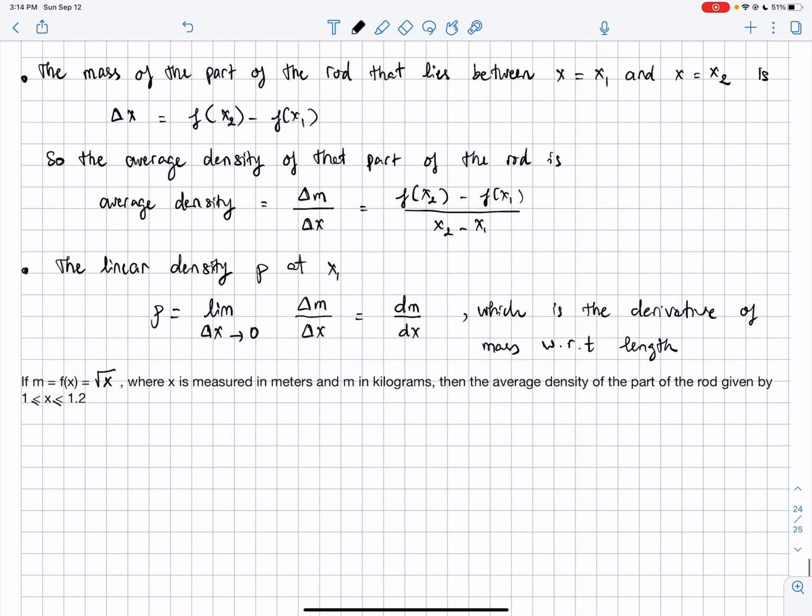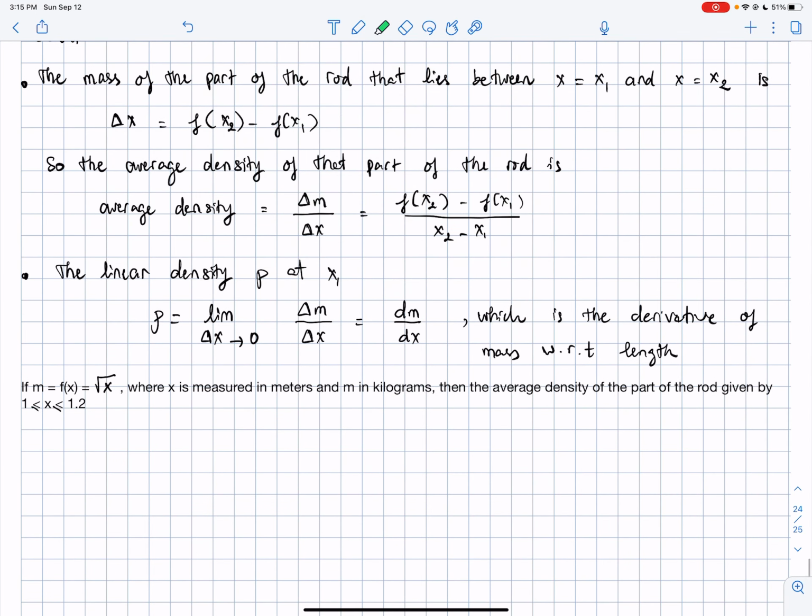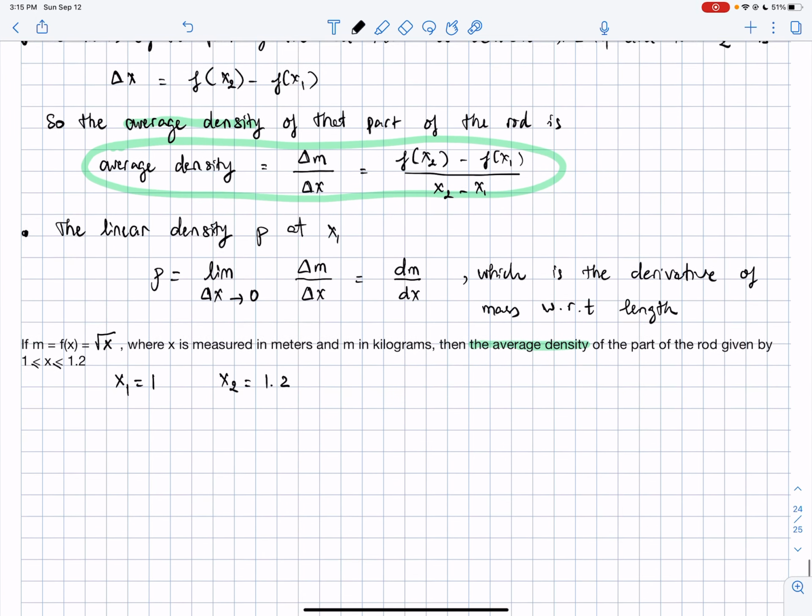So the average density is delta m divided by delta x, which is f of x2 minus f of x1 divided by x2 minus x1. In this case, our x1 is 1 and our x2 is 1.2.